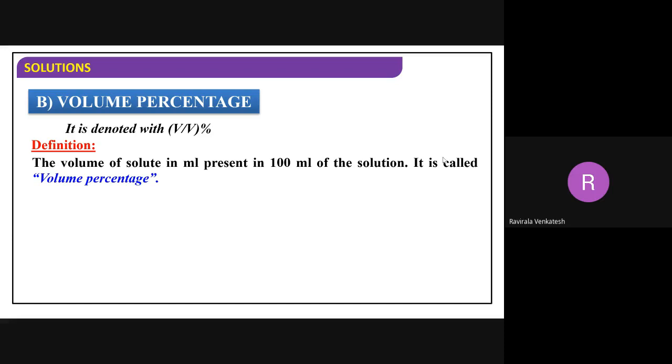Volume by volume. I will take the same formula again, beta. Instead of mass, I will take volume here.